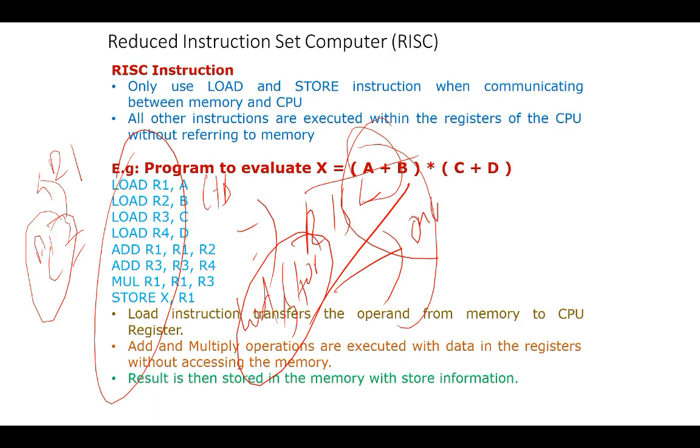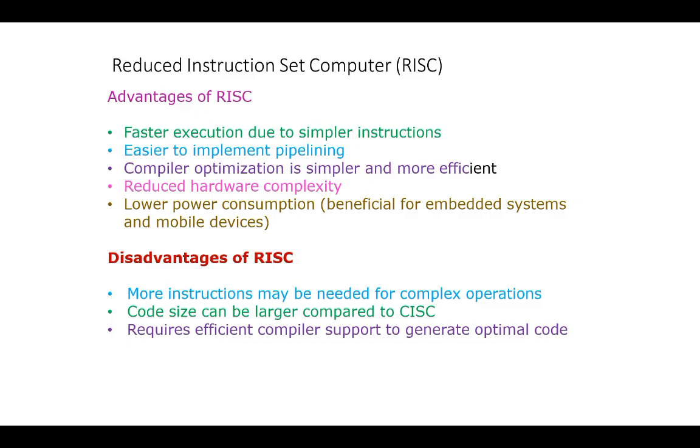Next is store x, R1: we copy the final result from register R1 and move it to the location x. So here we can see three major things involved: load, register operations, and store. This is what we saw in RISC.